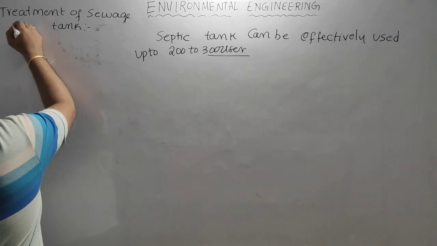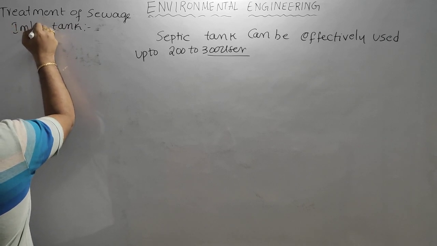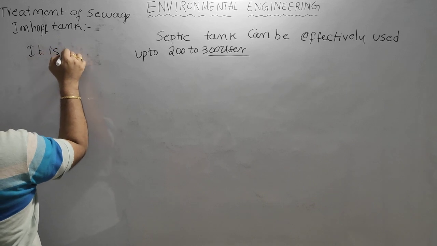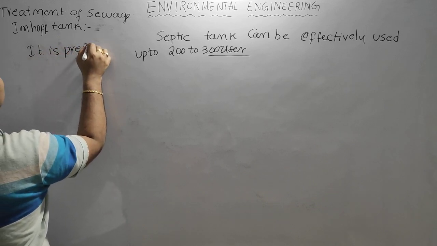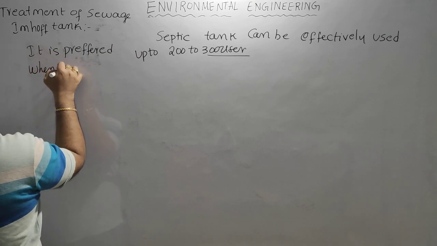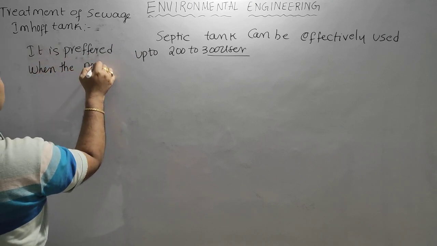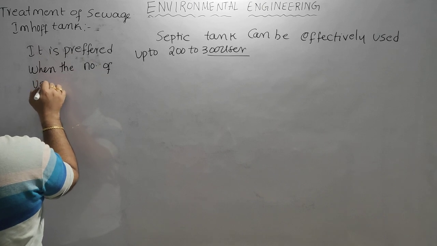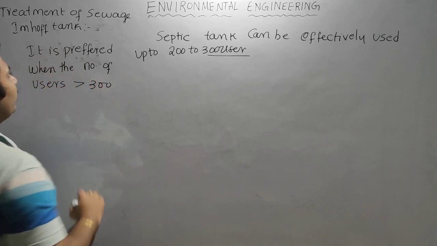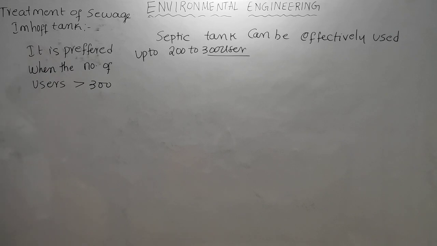That is why the Imhoff tank is preferred when the number of users is more than 300. So when the number of users is more than 300, we prefer the Imhoff tank.